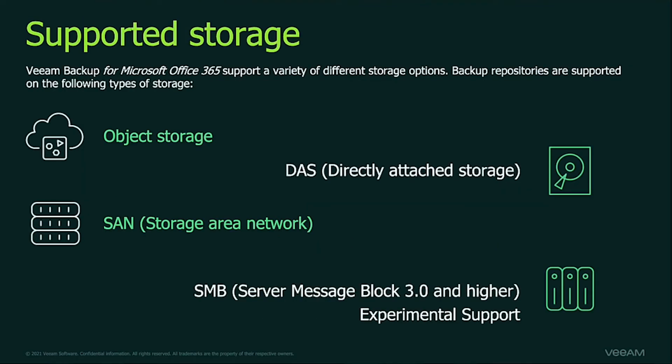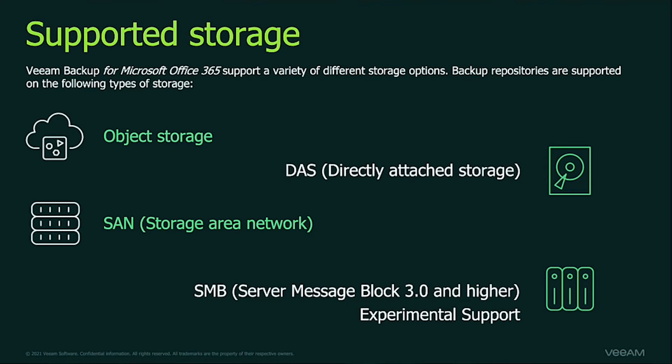The supported storage ranges from object storage, which is actually the ideal backup repository type, because this offers you an infinitely scaled out infrastructure on the back end, so you don't need to worry about that on-prem type of footprint. We also work with direct storage types, so if you do have something directly attached to that server, you're able to back up directly to that back end data.